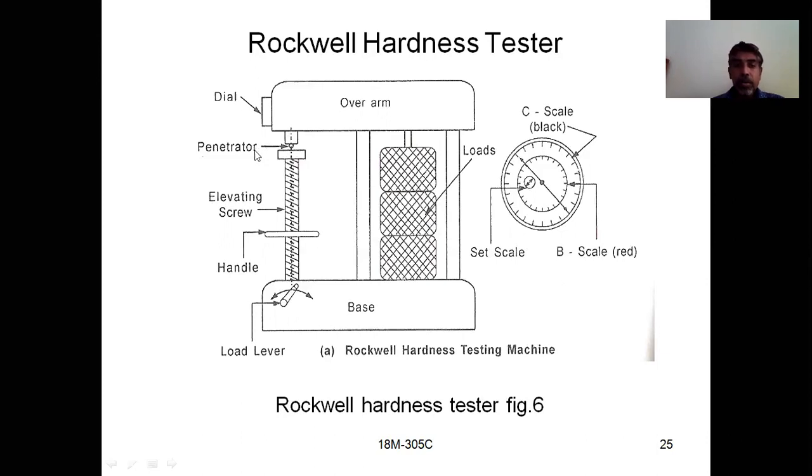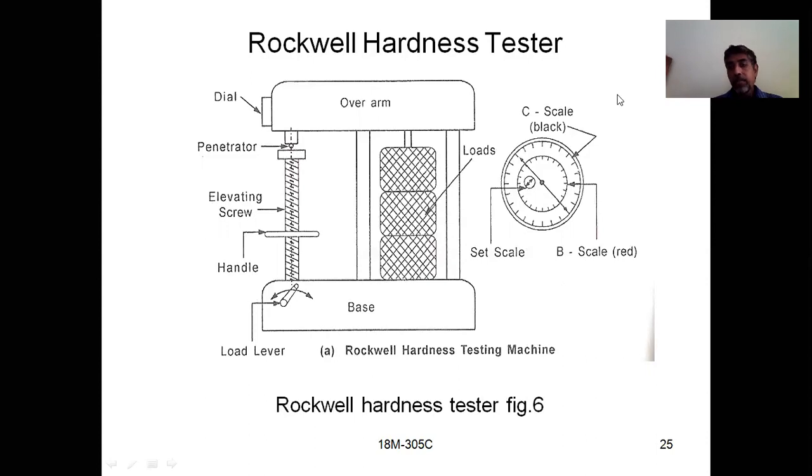On that overarm, you are having a dial gauge here, and this is the arrangement for attaching the penetrator or the indenter. And here you are having an elevating screw, and on that one you are having an anvil, and this is the hand wheel. For rotating this elevating screw, you have to keep the specimen onto the anvil and rotate it slowly.